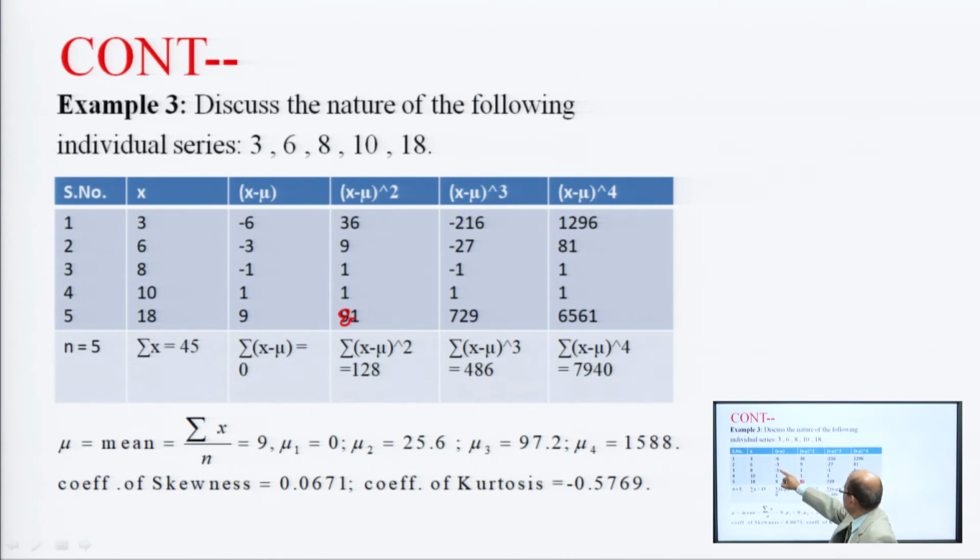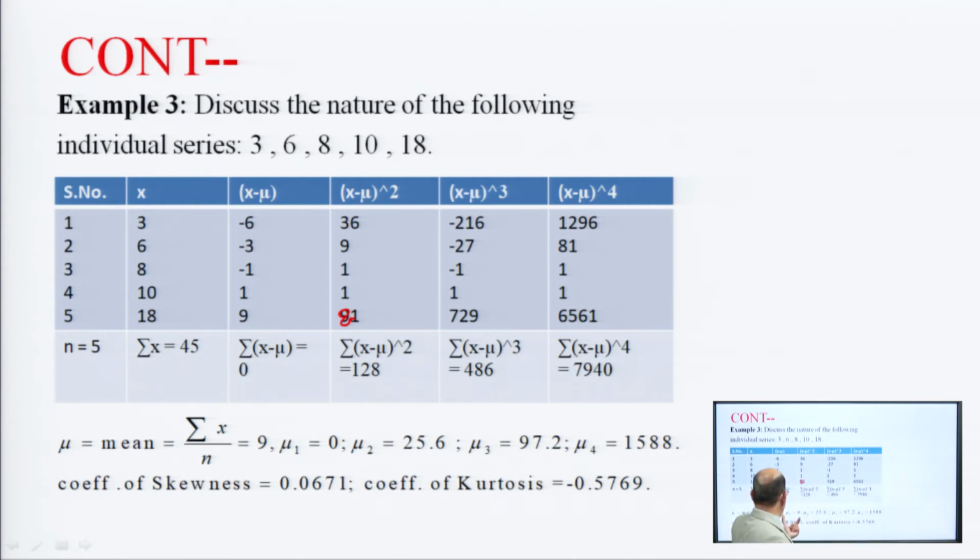The fourth power of this is 1296, 81, 1, 1, 6561. Sum of this is 7940.